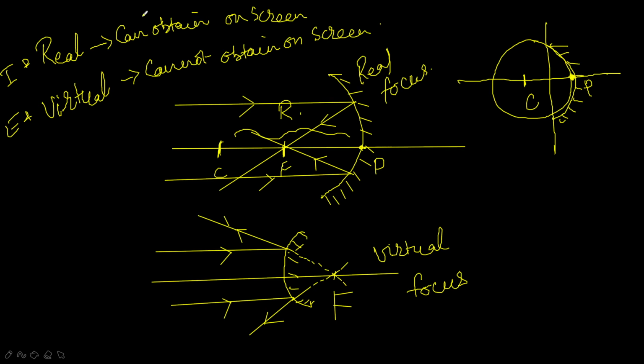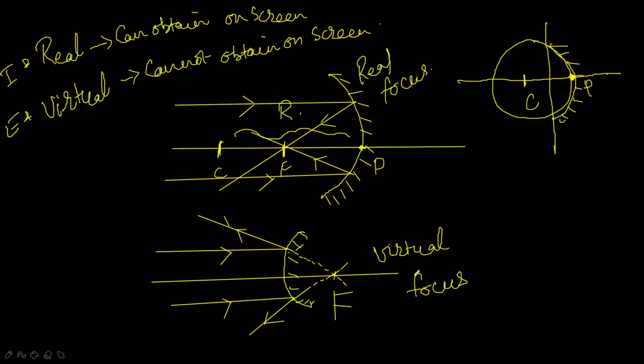A virtual image can only be seen in the mirror but cannot be obtained on the screen, and it is always erect. A concave mirror forms a virtual image when the object is placed at a distance less than its focal length. Then only a virtual and erect image is formed in the case of a concave mirror, and a convex mirror always forms a virtual image only.